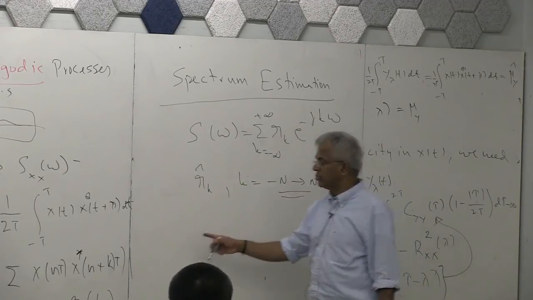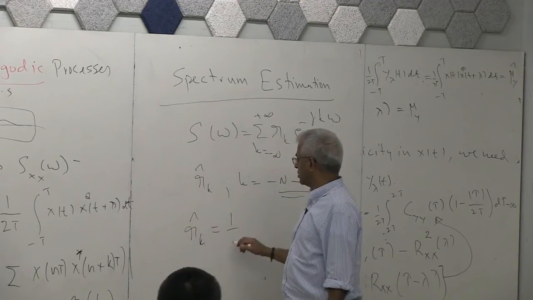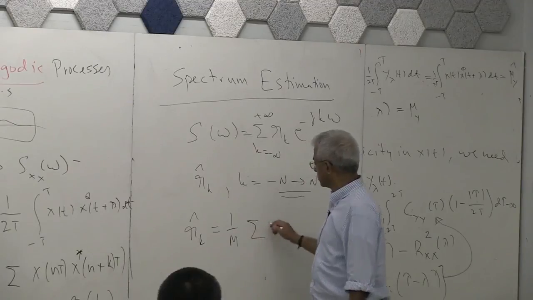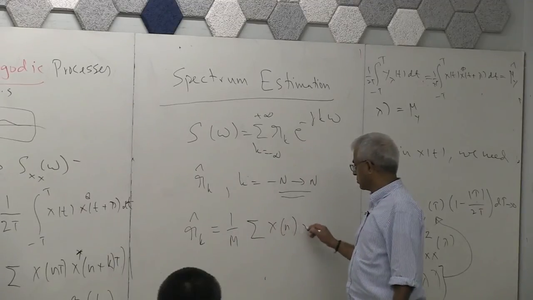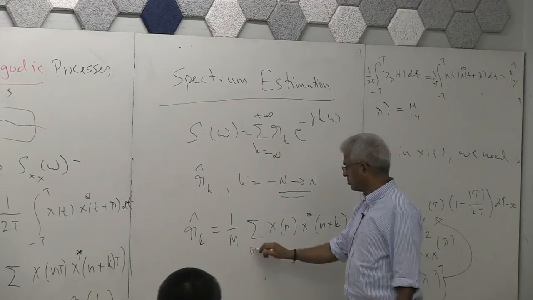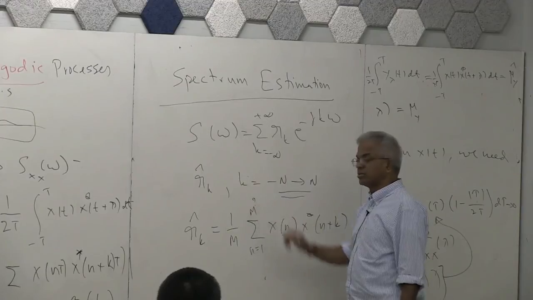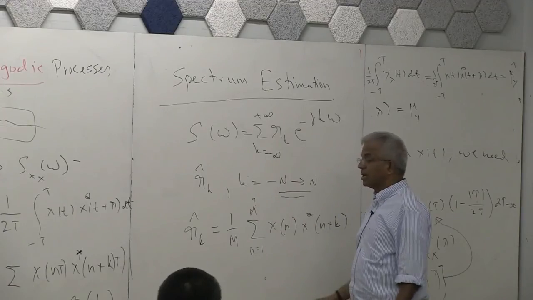How will you estimate them? Using this expression, Rk hat is 1 over some number of samples. So the question is how many samples you need, and the underlying assumption is what?